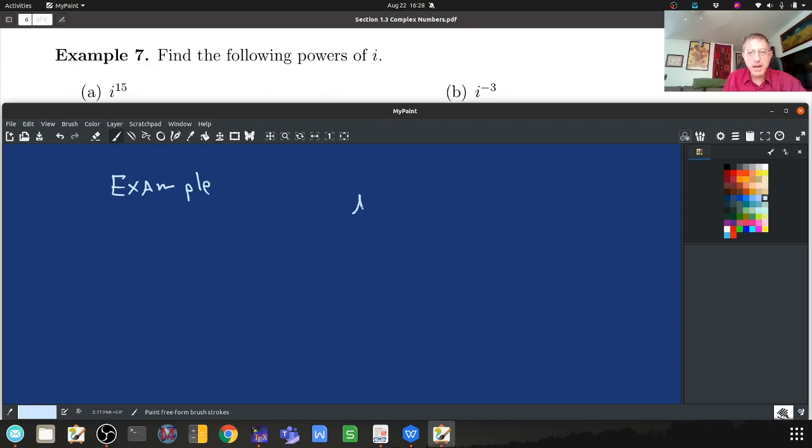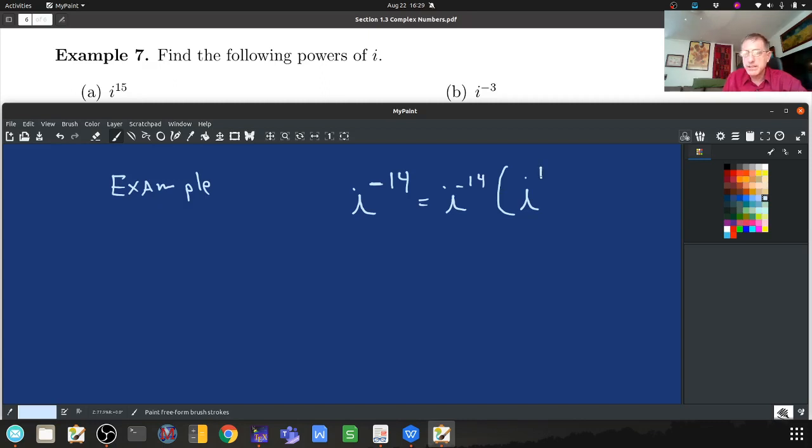Suppose I have i to the minus 14. What I want to do is multiply that times some power of i that is evenly divisible by 4 and is greater than 14, and you want to find the one closest to 14 that you can.